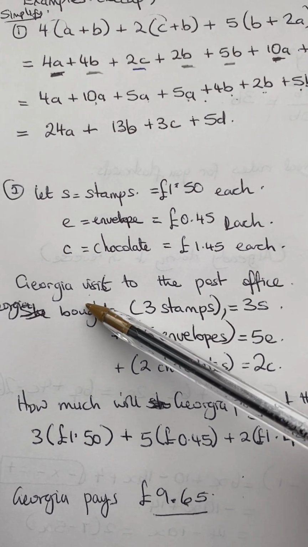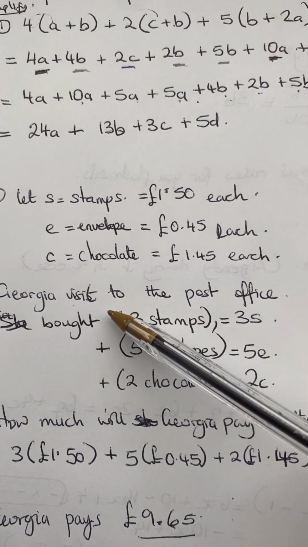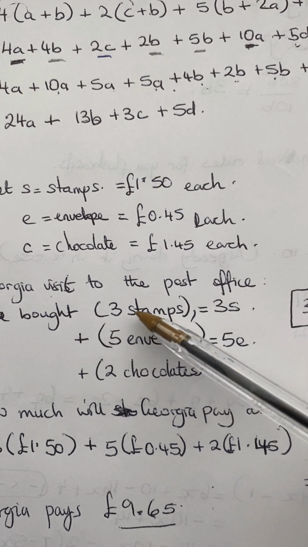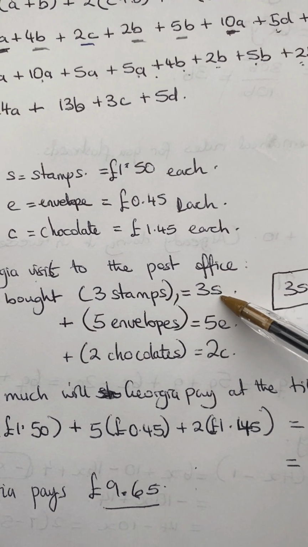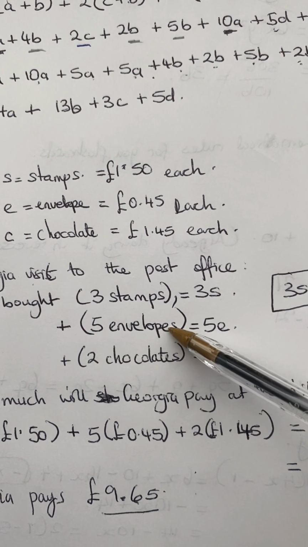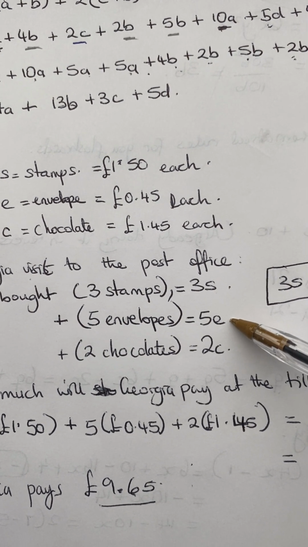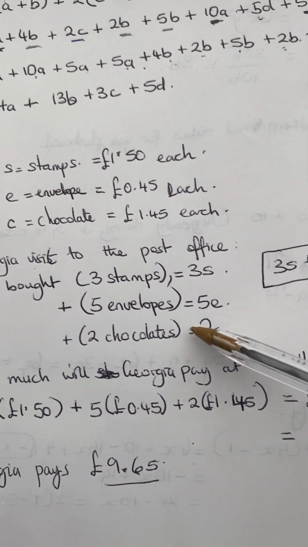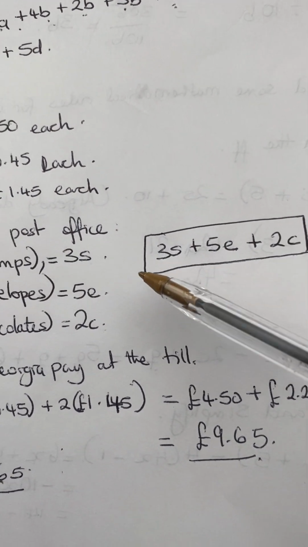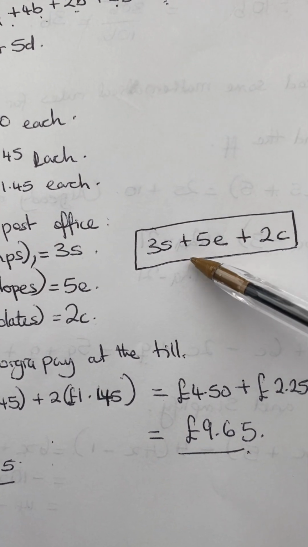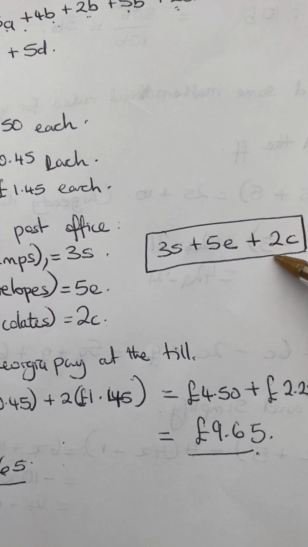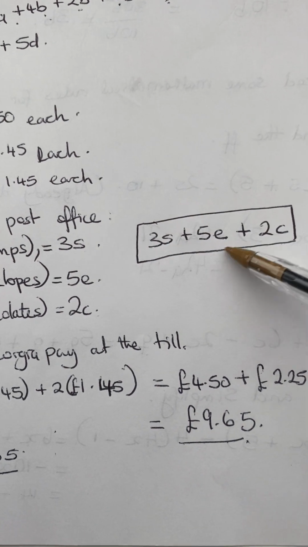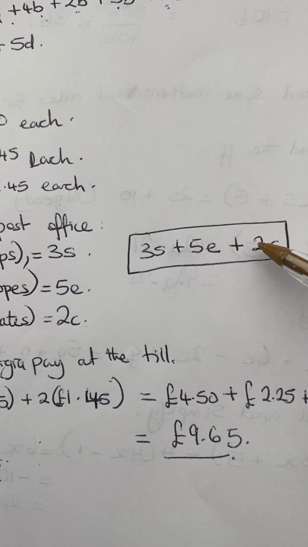Okay, Georgia paid a visit to the post office. She bought 3 stamps, which is 3S, 5 envelopes, which is 5E, 2 chocolates, which is 2C. Okay, so now we have 3S plus 5E plus 2C. If you want to put it in algebra, this is what Georgia bought.